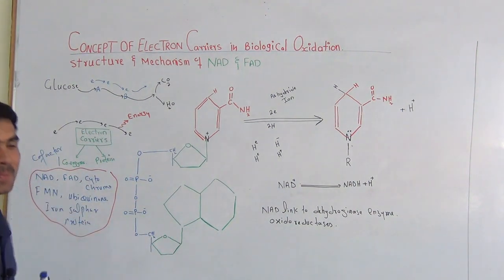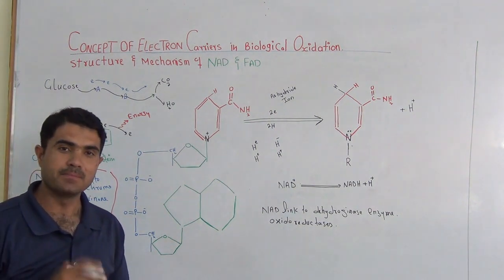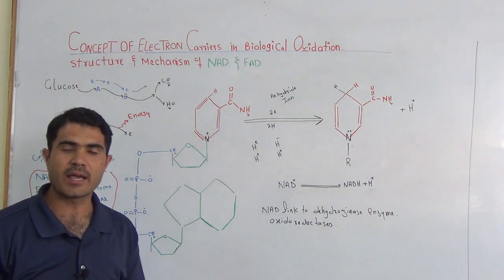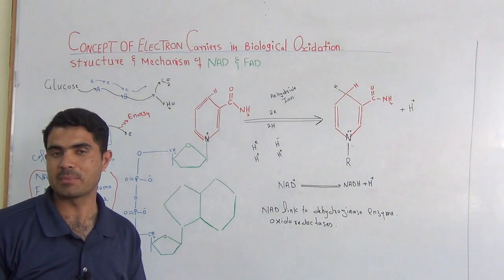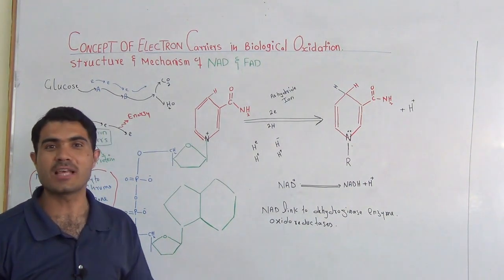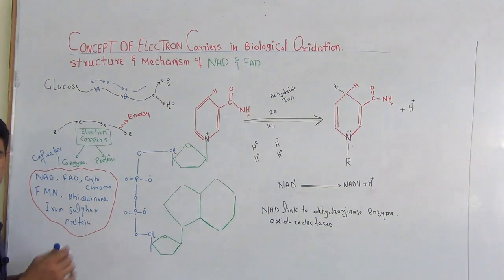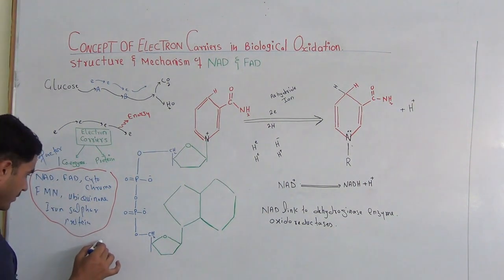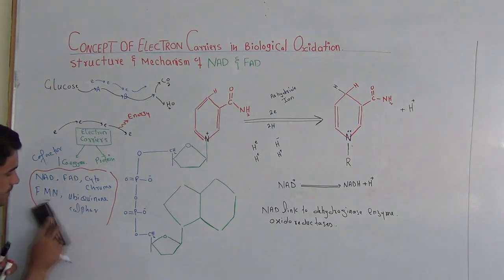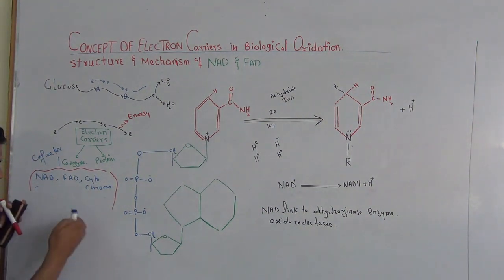Some of them are not present in the aqueous medium of water, but they are attached with the cell membrane. Just like if we have a cell here, okay. This is the cell, right?